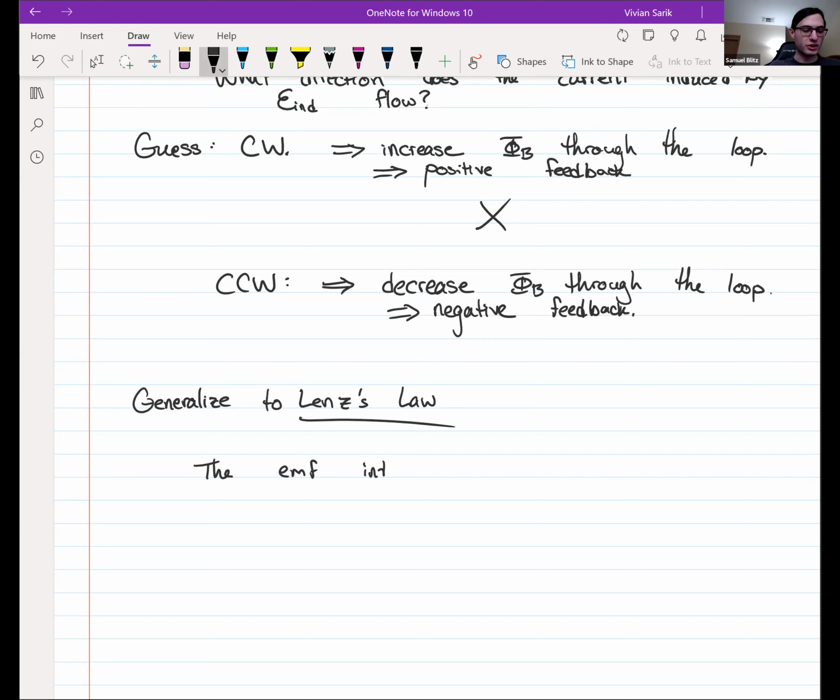The EMF induced in a circuit is such that it produces a current that creates a secondary magnetic field.